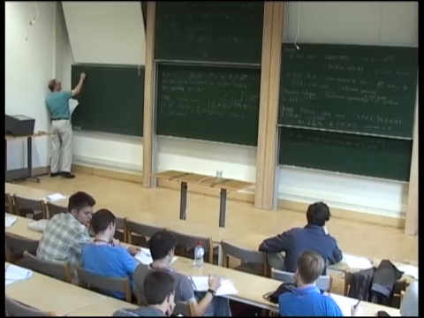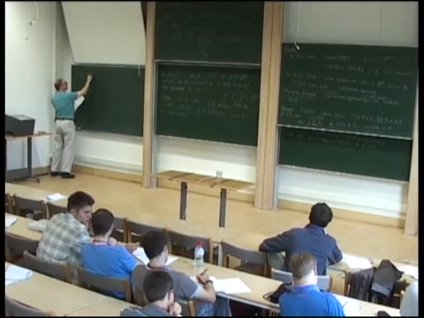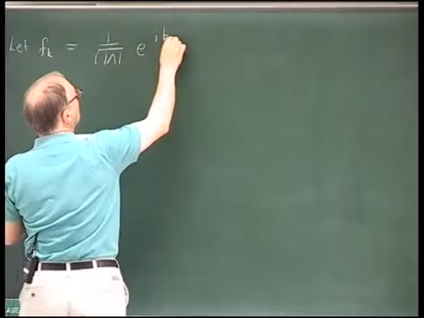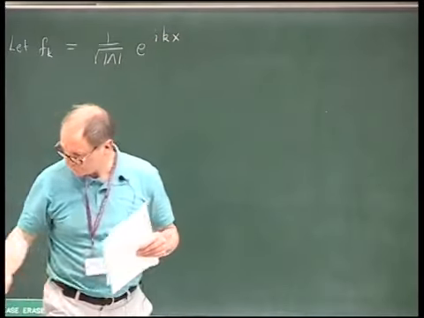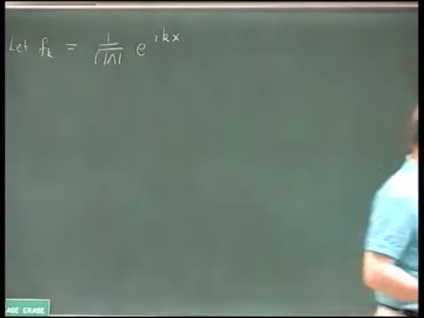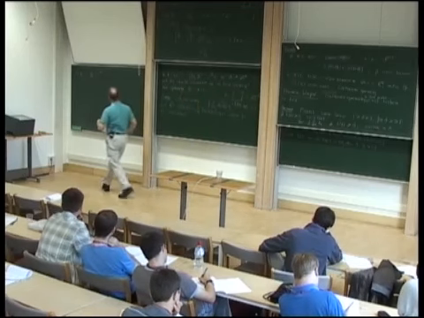So let f_k be a plane wave, just like Tom Spencer was talking about, square root of modulus of lambda e to the i k x. But the k should be, as we say, in the dual lattice. We're doing the Fourier transform for functions on the lattice.